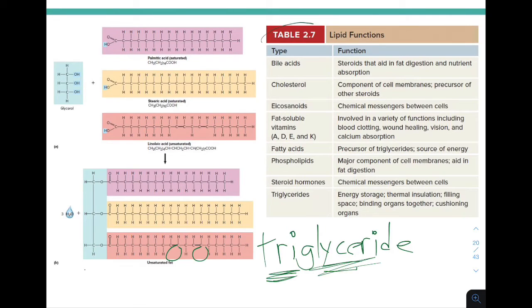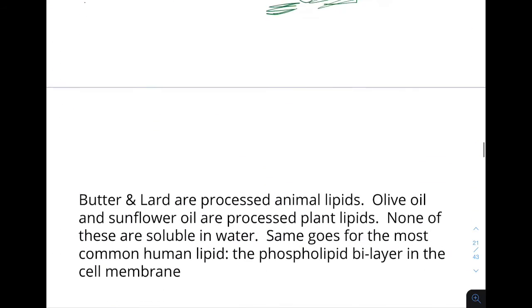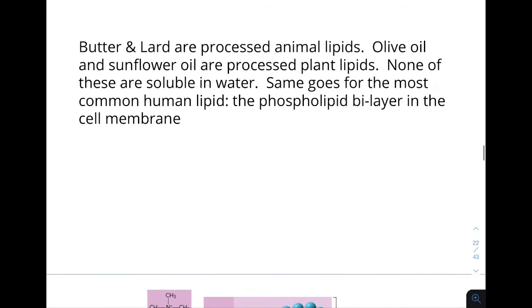These are, on this table 2.7, here are some other functions of lipids. We won't be talking about many of these functions in this course, but they are all important for the function of a human body. Whether we have fats or oils usually depends on whether they are saturated or unsaturated, but also where they come from.